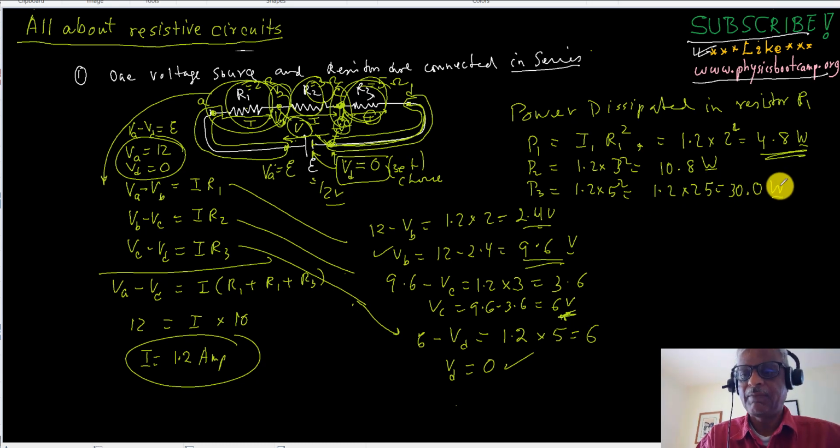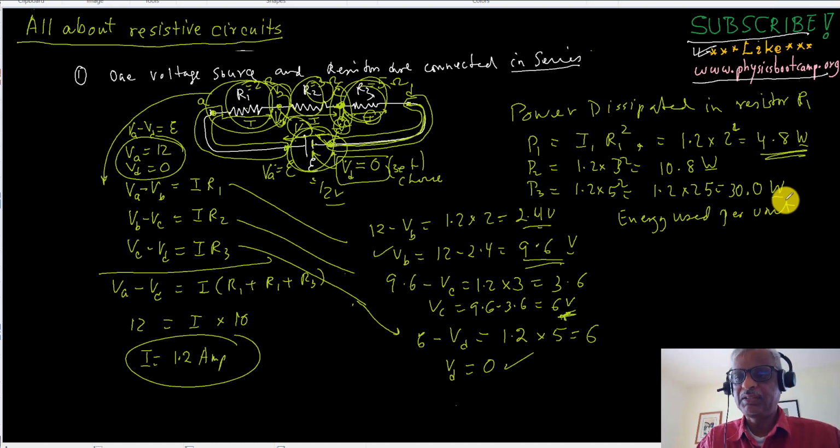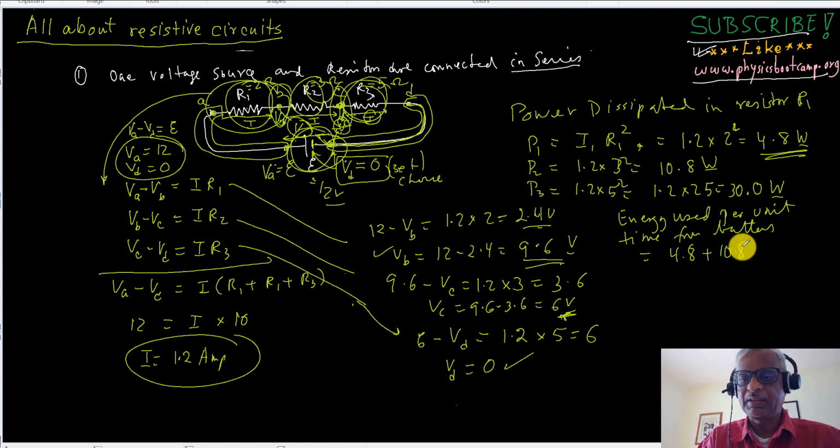So this battery must be producing, supplying this power, right? So the energy used per unit time from the battery will be just the sum of these: 4.8 plus 10.8 plus 30.